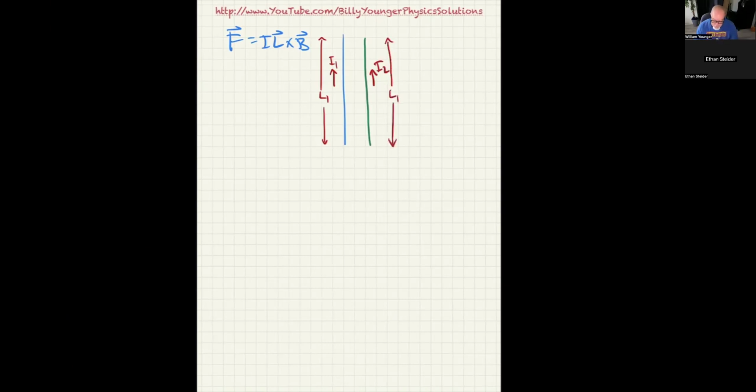You might wonder, do these two wires attract each other, or do they repel each other, or are they totally unrelated? Do they not affect each other? It turns out they actually have a force on one another.